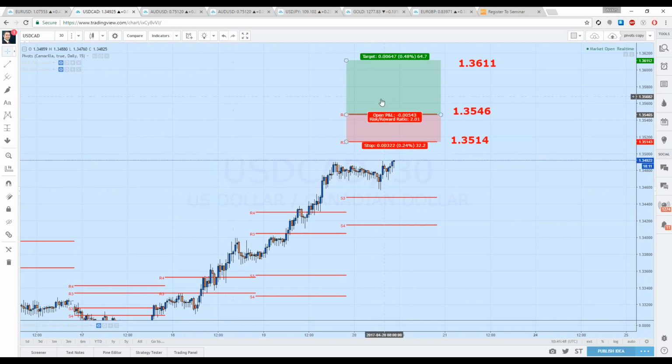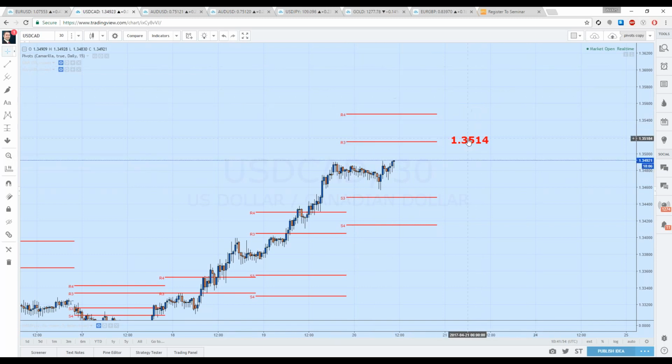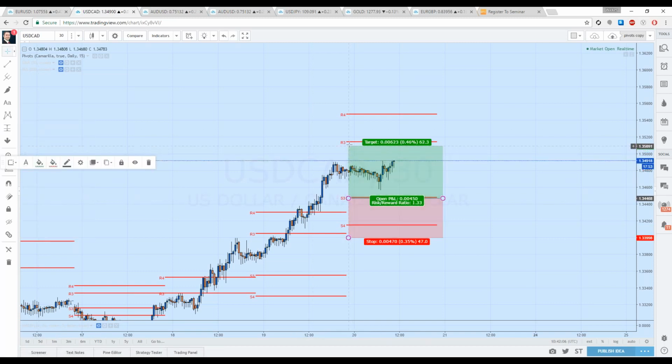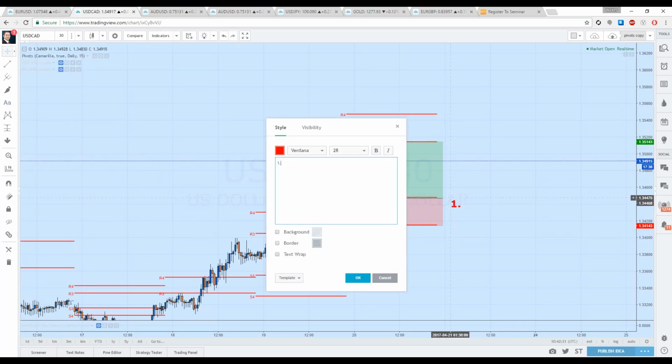Though price didn't reach this value, traders can still plan a retracement at this level. Again, our entries would be at S3 and our targets at R3.